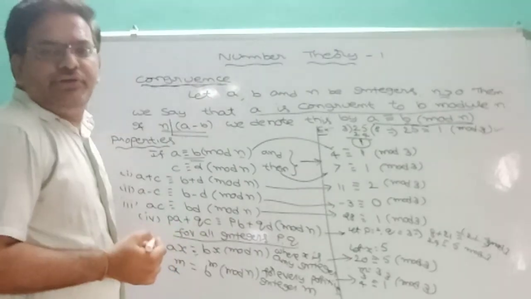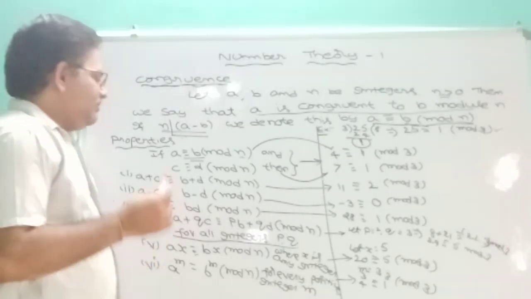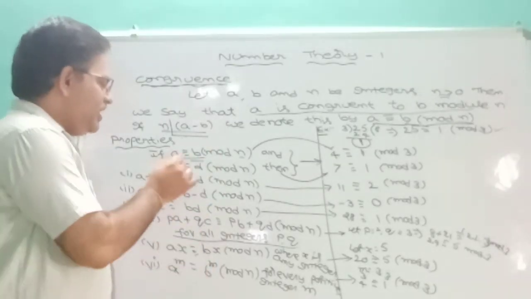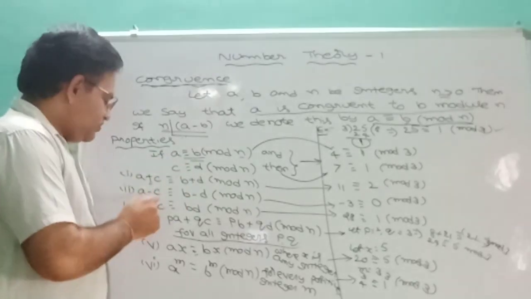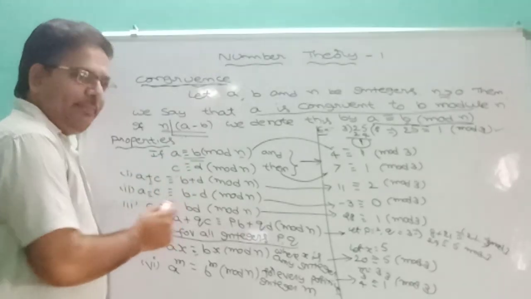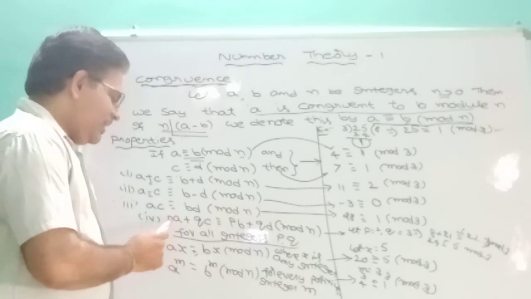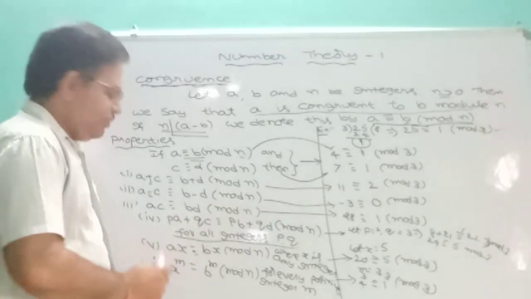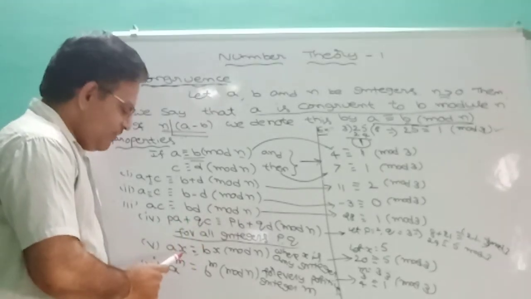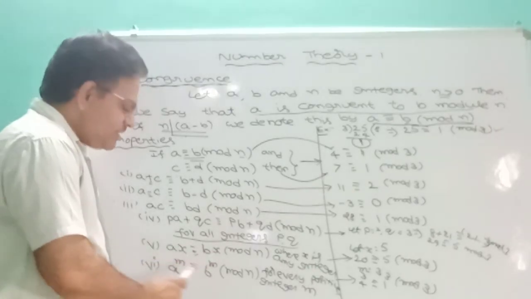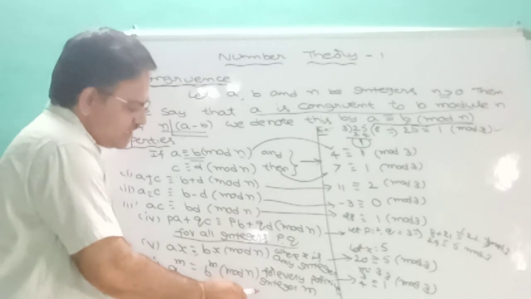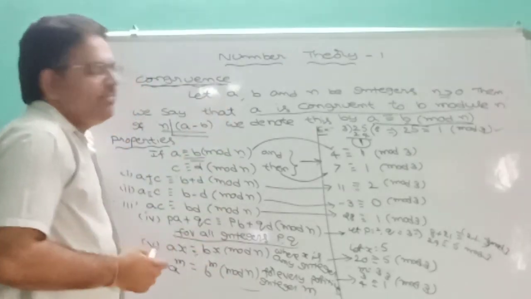Here are some properties: if any two congruences are there, then plus, minus and multiplication are also possible. If you multiply by any constant value, or increase powers on both sides, you get the same result. This is the concept of congruence.